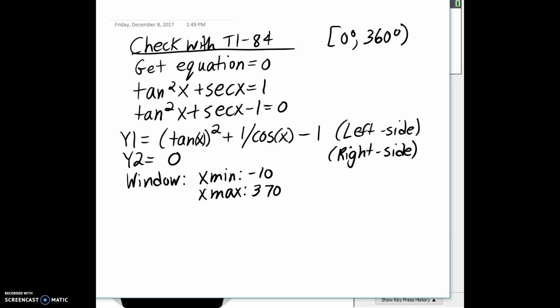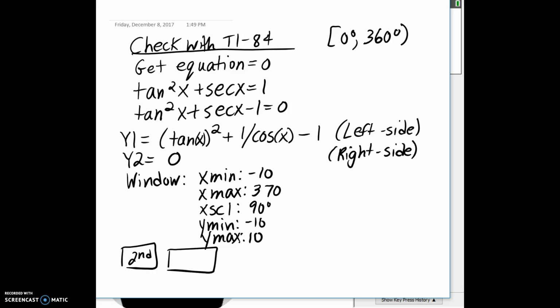Sorry about that. So my other thing with x scale, you don't really have to change that. I'm going to change it to 90, but you don't have to. And then y min and y max, I'm going to leave at -10 to 10. If you can't see what you need to see, that'll be up to you how to fix that. And then we're going to do second trace intersect.